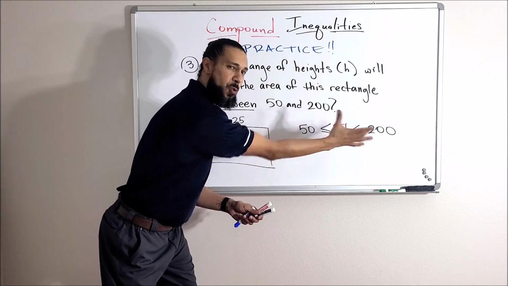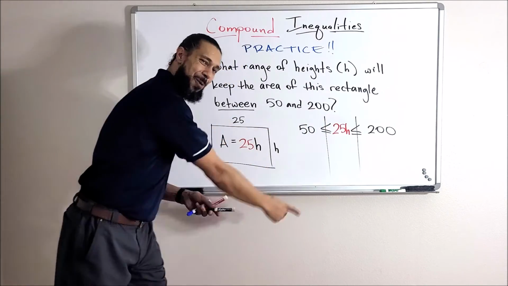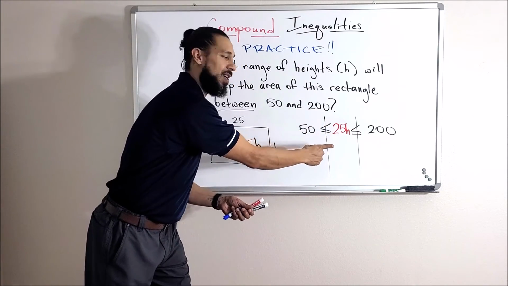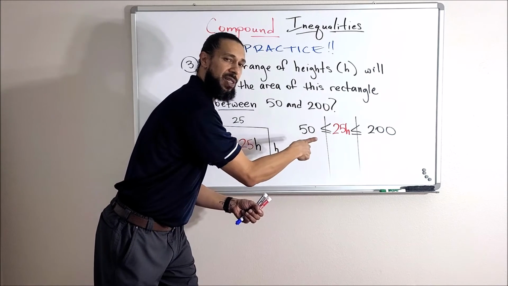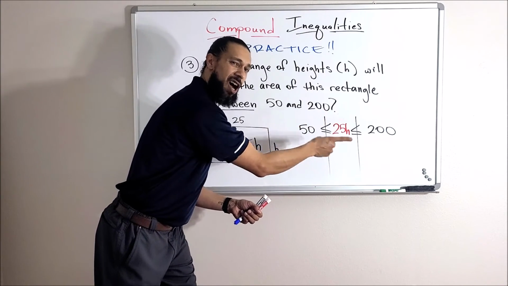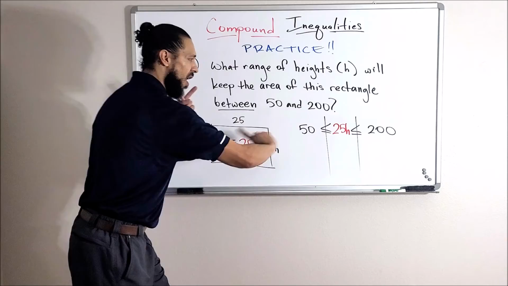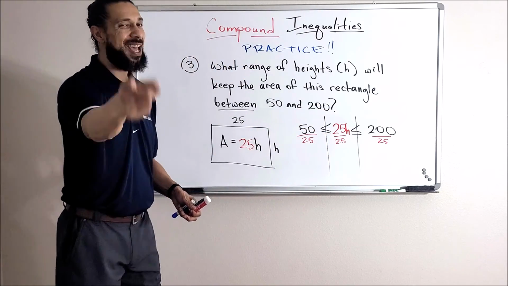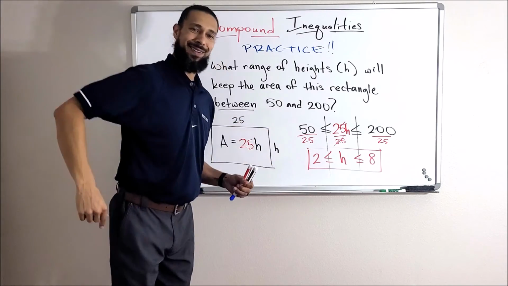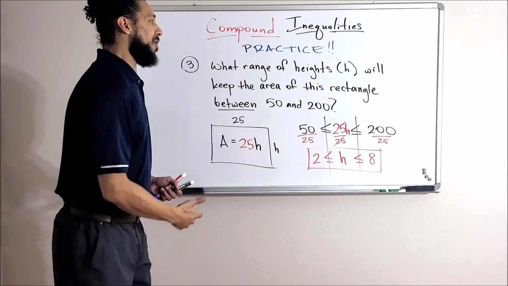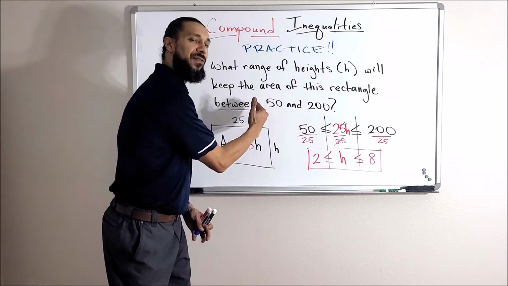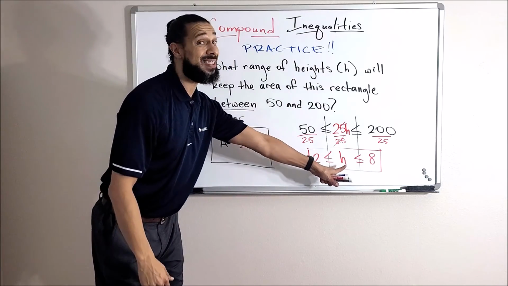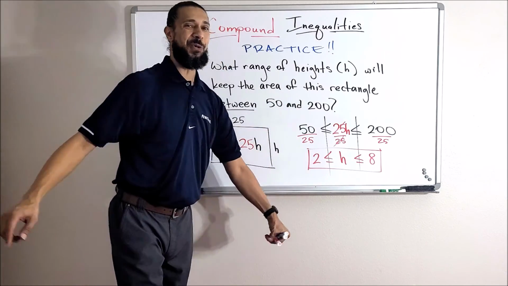We can solve these two inequalities at once. How do I get that 25 off of it? That 25 times h, undo multiplication, we divide, but don't forget to divide everything because we're solving two equations at once. Turns out, if I want my area to be between 50 and 200, then the height has to be in between 2 and 8.